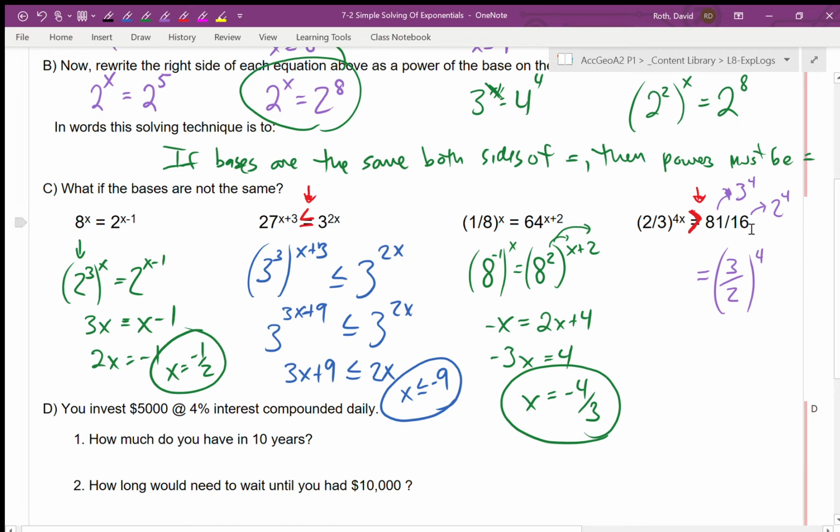Okay. Now, if that's 2/3, should I keep it as 2/3? Well, I want to get to 3/2 according to this one. What power of 2/3 would be 3/2?